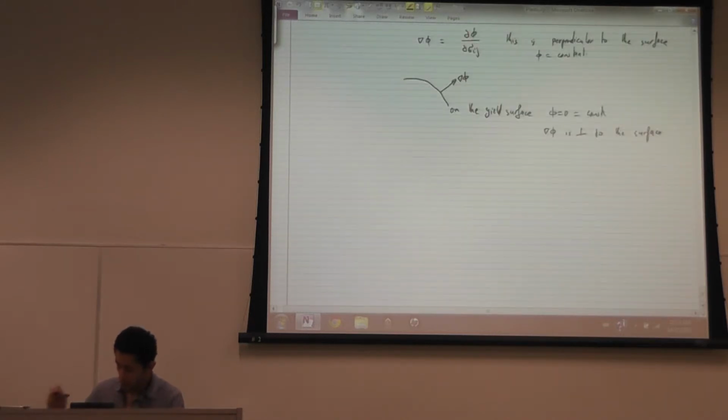And we just said that the plastic strain components epsilon Pij is equal to partial phi by partial sigma ij multiplied by this parameter.